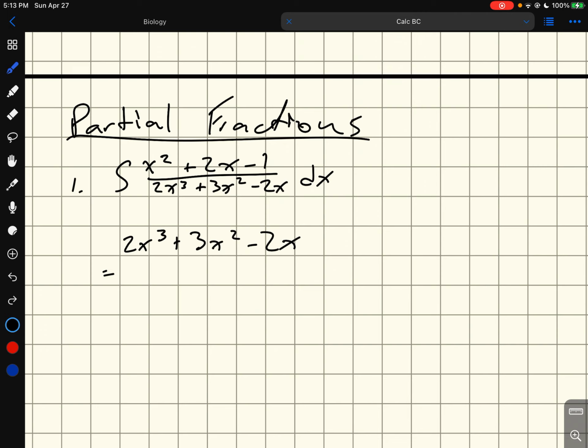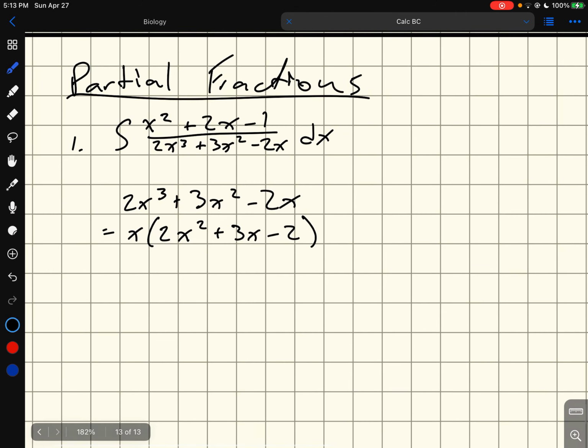I was going to call this factor by grouping, but this has an x too, so I don't even need to do that. I didn't see my own handwriting. So it's not factoring by grouping, just factor it regularly. And then this, we're going to try to factor.